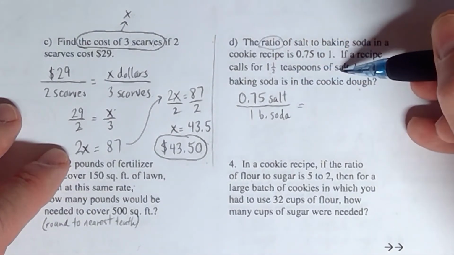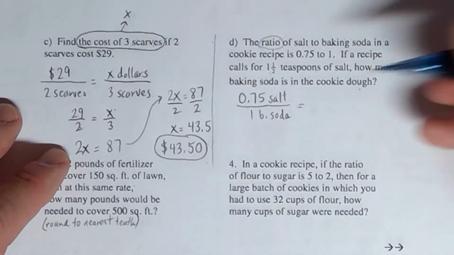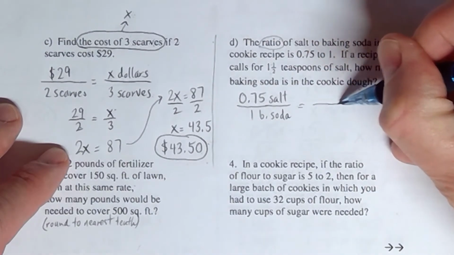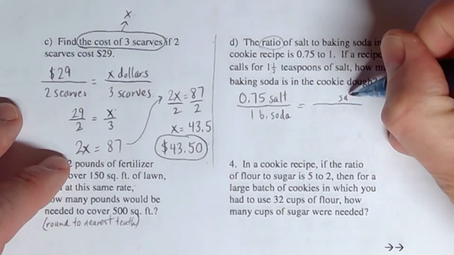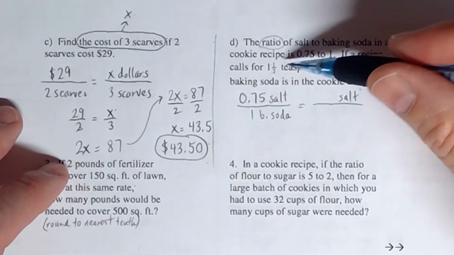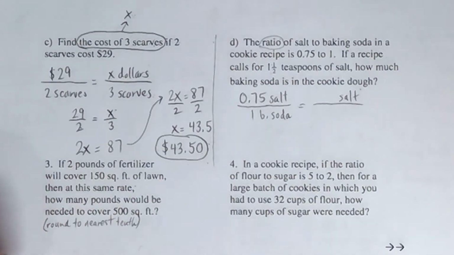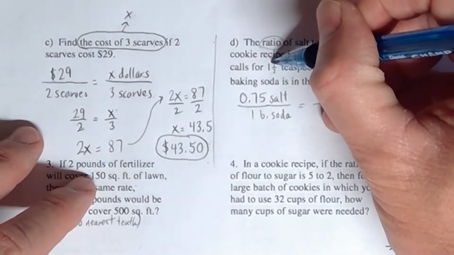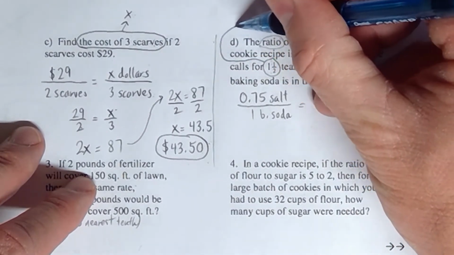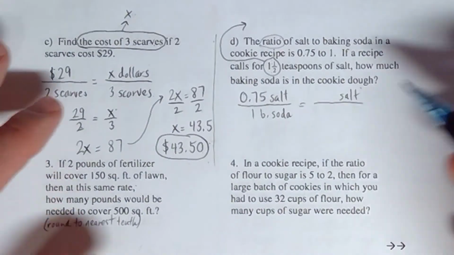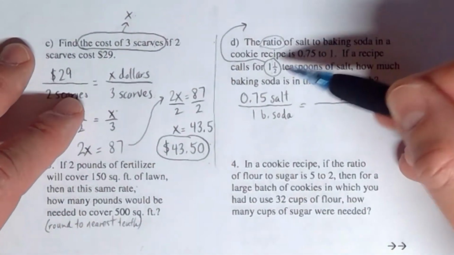So the 1.5 teaspoons of salt, that's going to go on top here because the salt went on top over here. Now, just to let you know, it's a lot easier to use decimals in an equation than it is to use mixed numbers. And so I'm going to convert this mixed number. You don't normally get mixed numbers, but since we did here, let's convert that to a decimal.